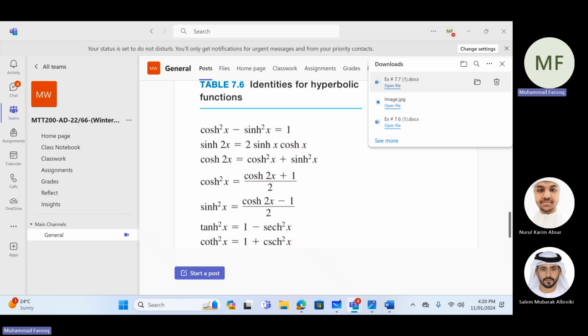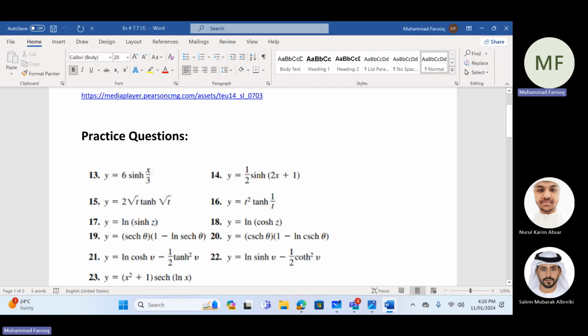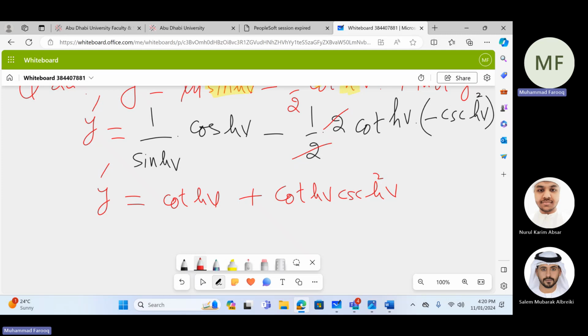If you have homework with hyperbolic questions where an identity is applicable, please take it from here. It's not included in the exam, but as asked, maybe the homework answer uses identities, so you can take help from the identity table.